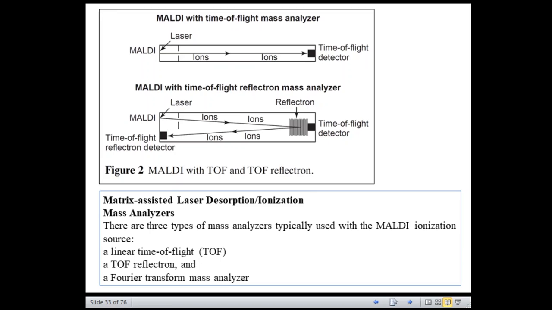Right? So the reflectron serves to increase the amount of time the ions need to reach the detector while reducing their kinetic energy distribution. This increases resolution. So that is the advantage of using TOF reflectron in comparison to the linear time of flight mass analyzer.